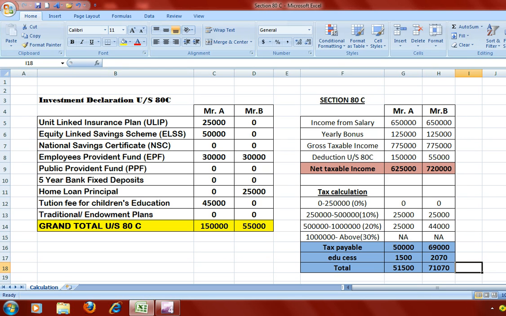It is Mr. A, because Mr. B has paid 19,570 rupees of income tax more than Mr. A. Hence Mr. A is found to be more efficient in his planning because he has utilized 100% of the exemption limit which is allowed under section 80C, whereas Mr. B has underutilized the section 80C limit. He has utilized only 37% of the maximum limit allowed.